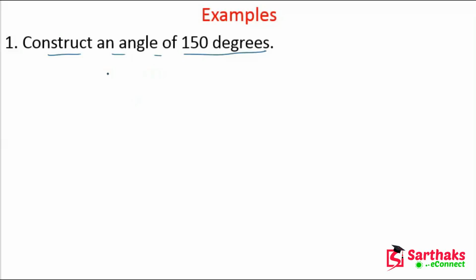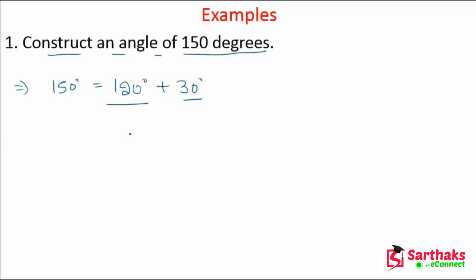So how can we draw it with a compass? We know that 150 degree is the sum of what? It is the sum of 120 degree plus 30 degree, and we know how to draw 120 degree, and we know how to construct 30 degree with the help of compass.